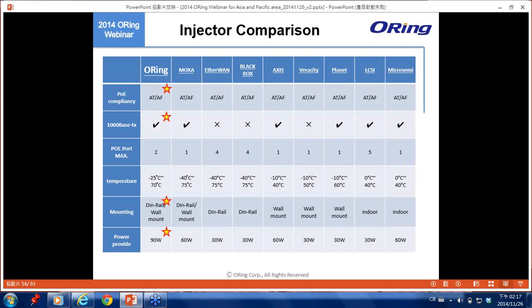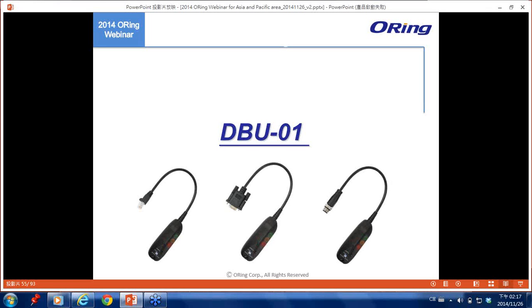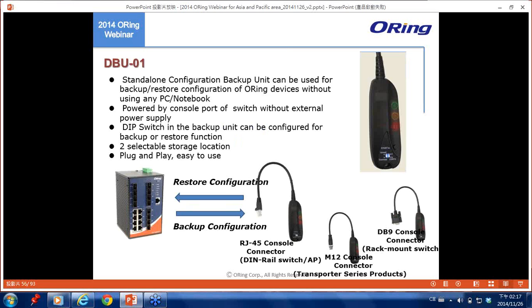Okay, the comparison for your reference. The DBU01 is a data backup unit, and we have 3 different types of connectors: RJ45, M12 connector, and DB9 connector, depending on which type of device you need to do the configuration backup.